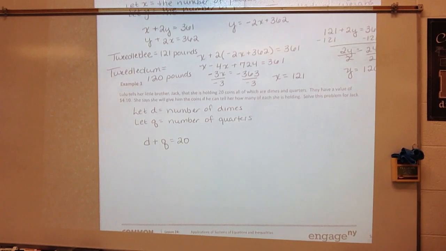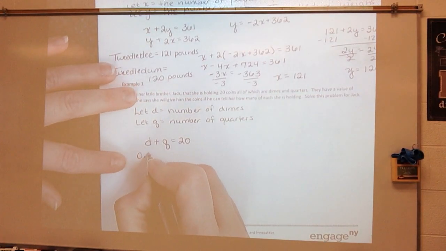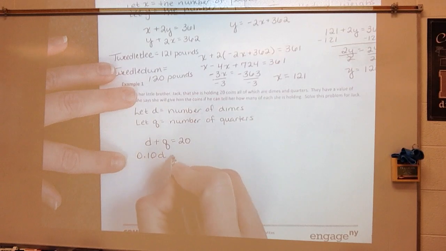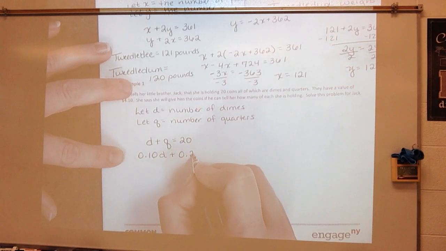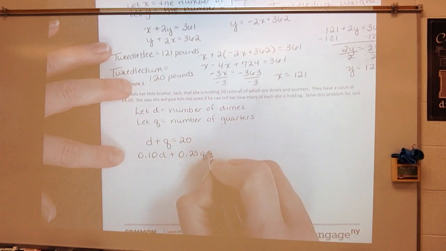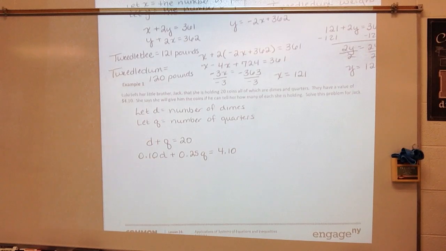How do I figure out the total amount that she has? Well, I have to know how many dimes she has, and I know each dime is worth 10 cents. So, I'm going to say, okay, 10 cents D plus quarters are worth 25 cents, and that's going to give me a total of $4.10.